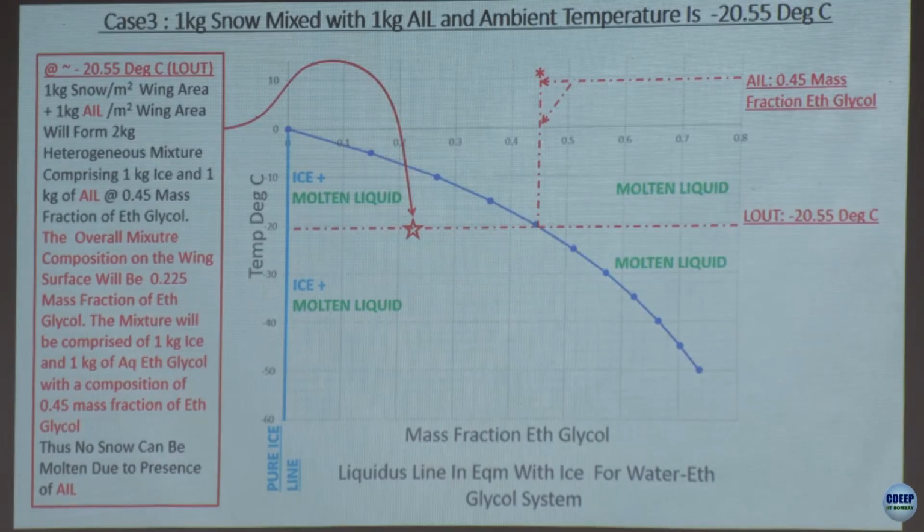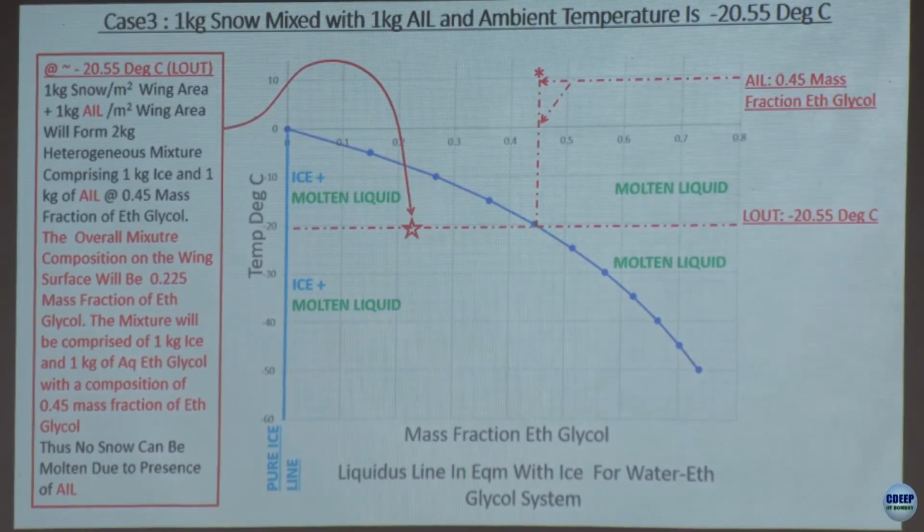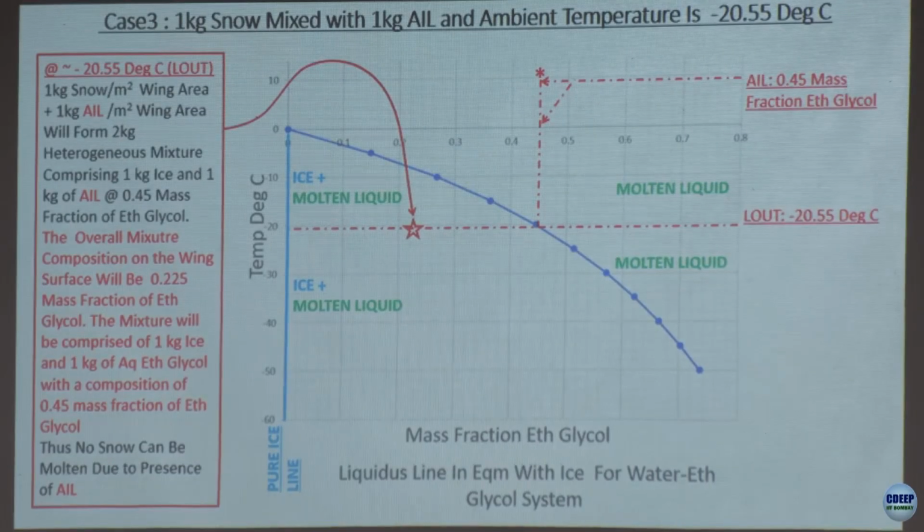So therefore on the surface of the aeroplane you will have a 2 kilogram mass with 1 kilogram of ice and 1 kilogram of anti-icing liquid. So this anti-icing liquid is not performing the function that we want it to perform at this particular temperature. It has not really molten any single gram of snow.